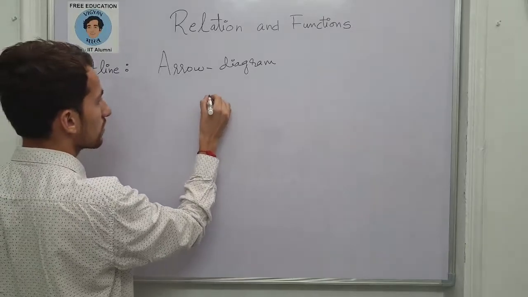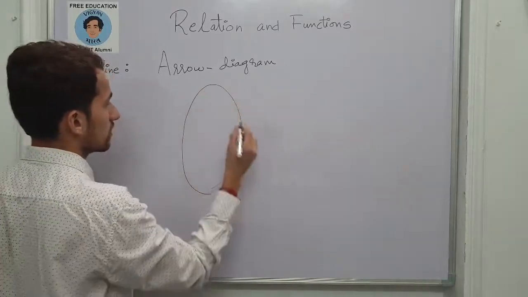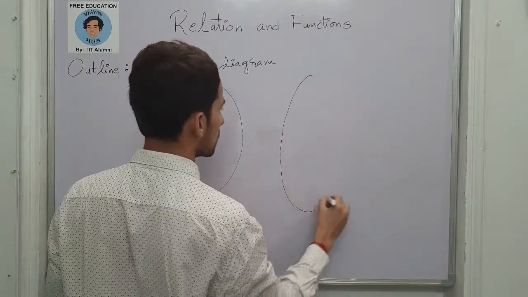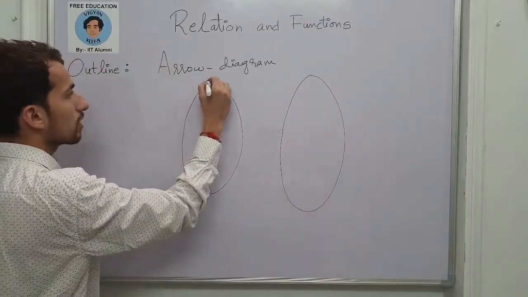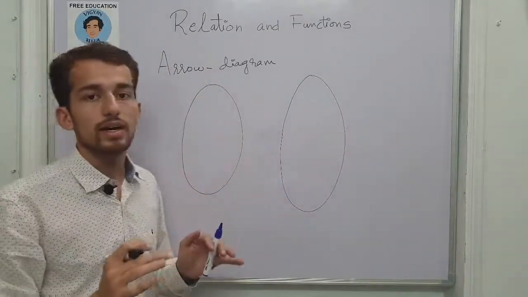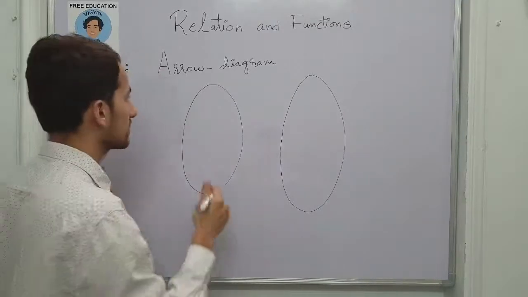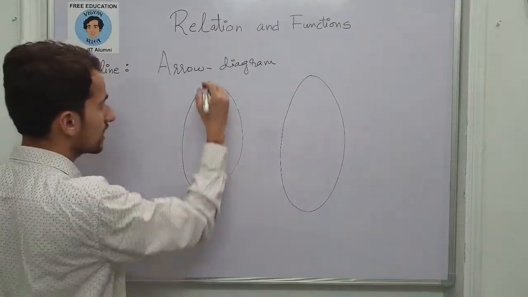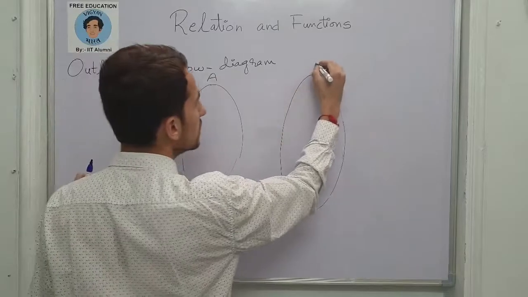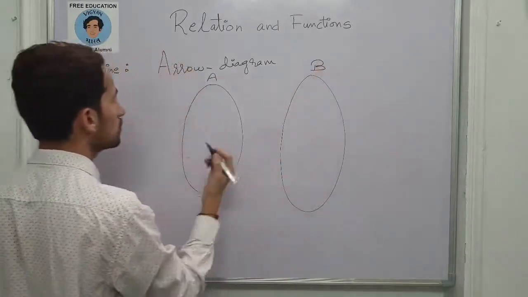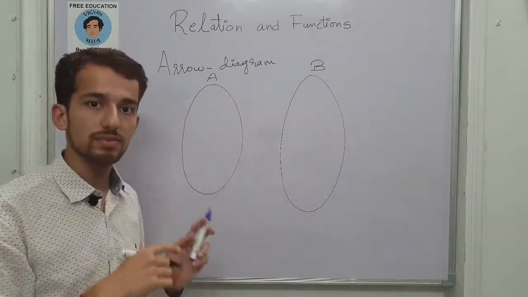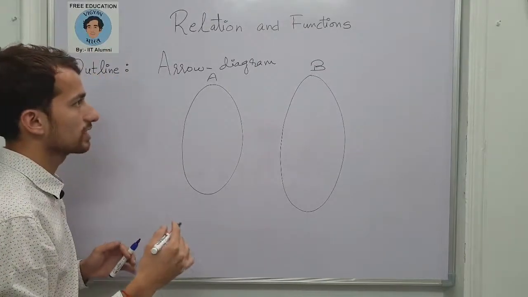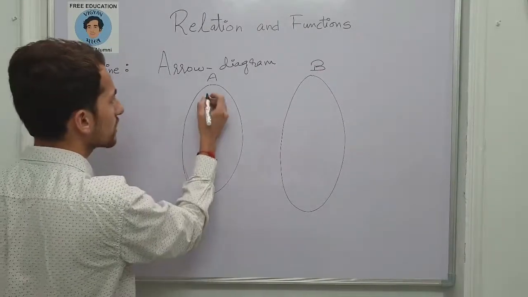If I sketch these two, it's a kind of representation for the elements of the set. This is my set A, this is my set B. Now if I choose the same set which I have taken in the previous case, or we can extend the set just to make clarity.